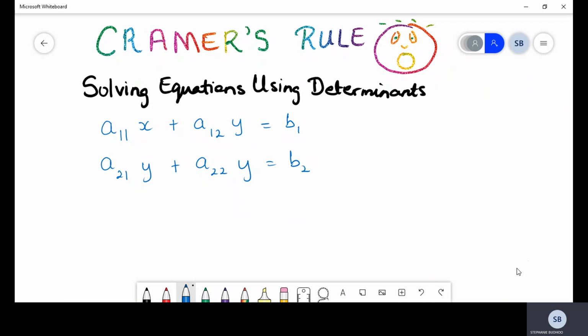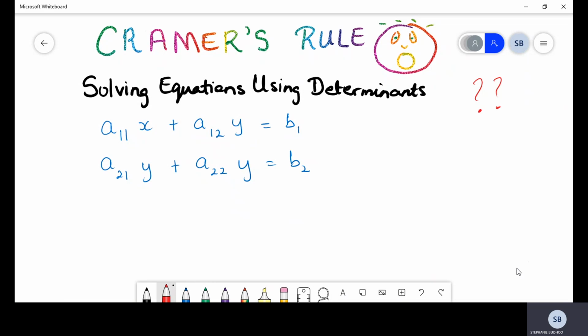Now, the first thing you need to understand with Cramer's rule is the purpose of Cramer's rule. Cramer's rule is very useful when trying to solve equations of this format. Over here, we have a system of equations. You can call it two simultaneous equations.